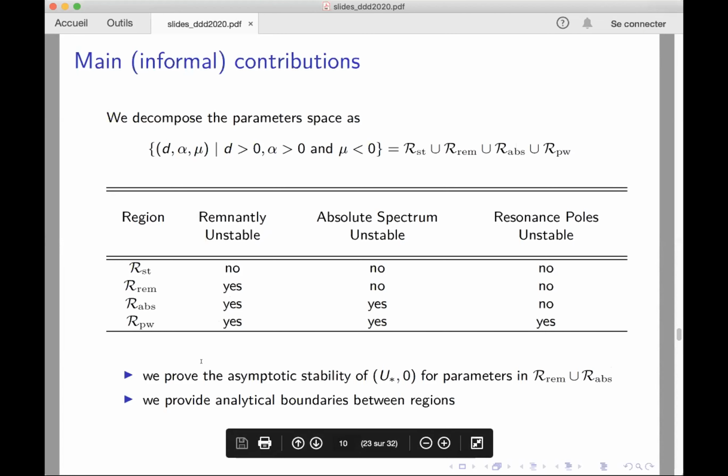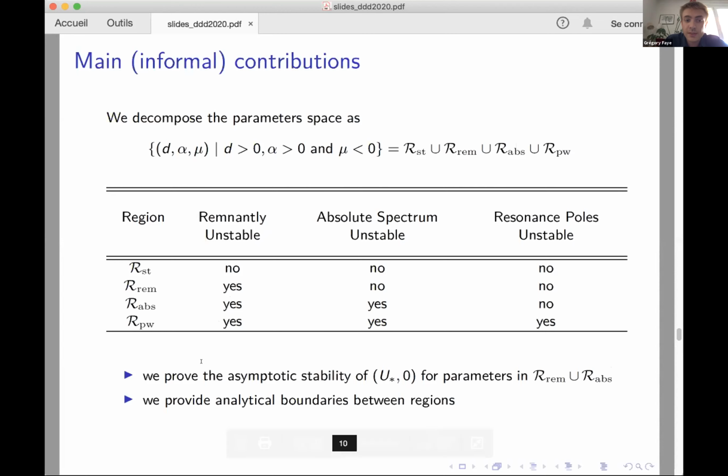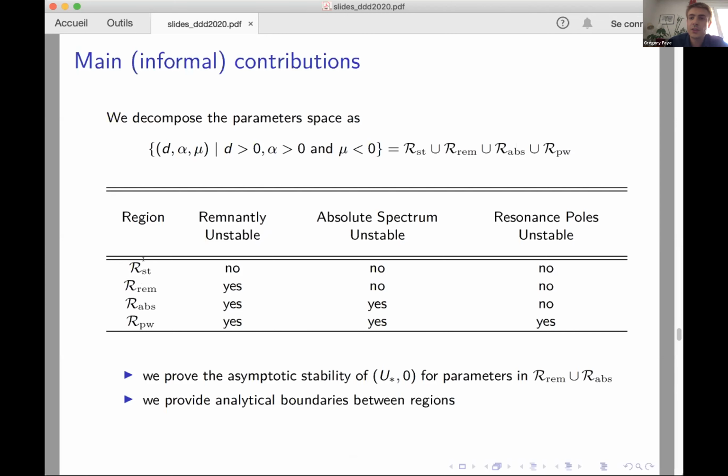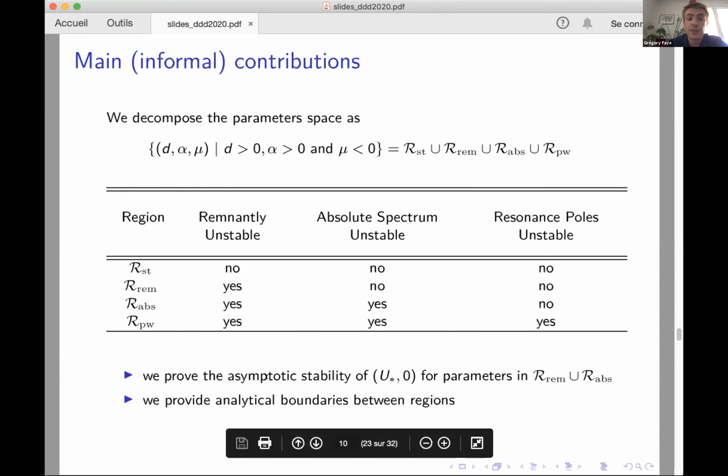So our main result is to provide and prove the asymptotic stability of the critical fronts precisely in the region where there is no unstable resonance pole, and obviously we're not in the trivial region where a previous result could apply. And furthermore, we could provide analytical boundaries between these regions.